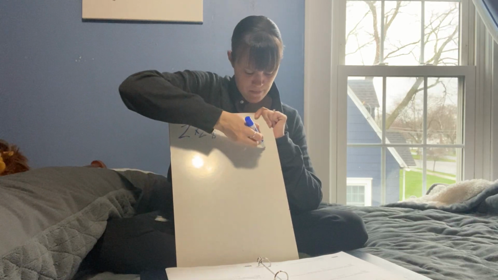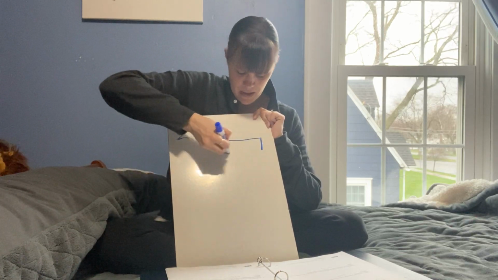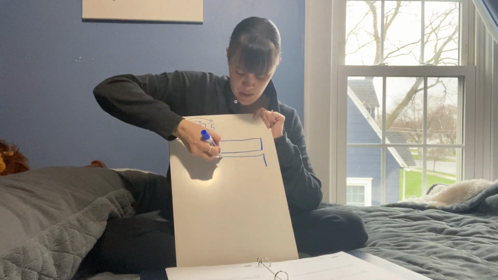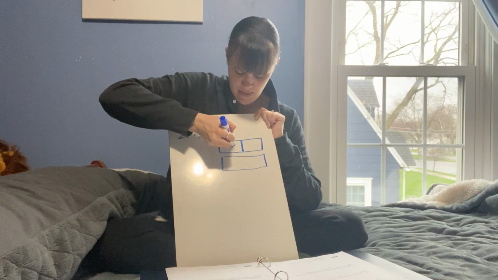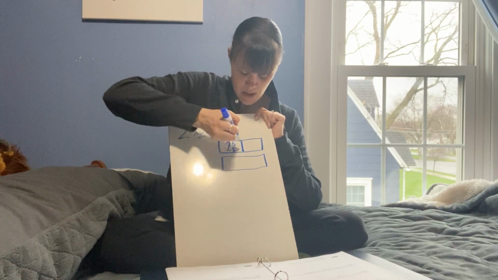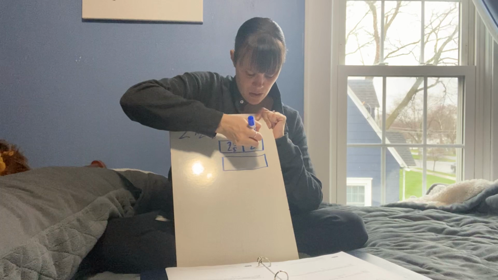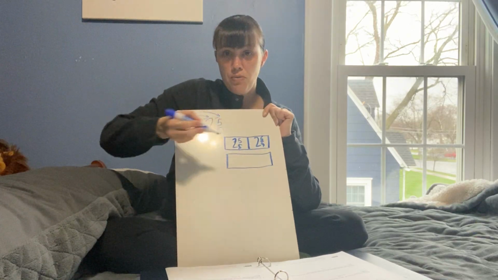Now remember, we're going to distribute that 2 to both of those. Why? Well, let's do a tape diagram. Actually, we'll do 2 tape diagrams, and I'll show you. This is 2 5/8. My 2 should be bigger, sorry. This is 2 5/8. That's twice, right? There's 2 of them.